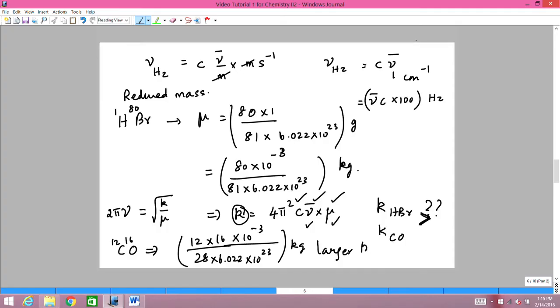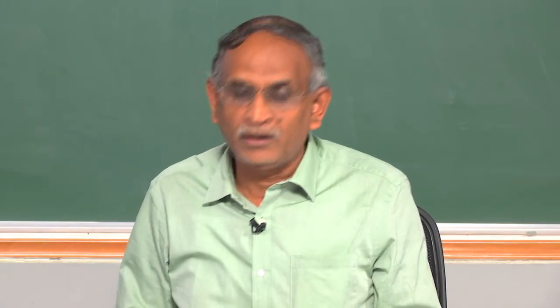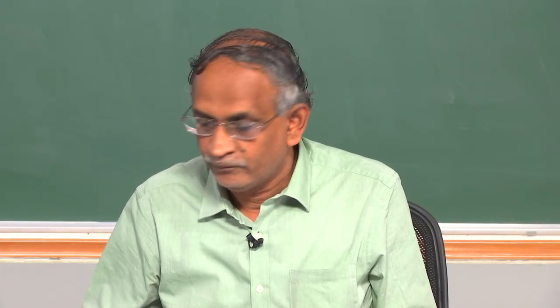Larger the K, the stronger the bond. Therefore, you can find out which of the K, the carbon monoxide or HBr, is larger, and you will see this. All the numerical results, the numbers will be there in your website along with the problems, but this is how I would like to pay attention to the details.